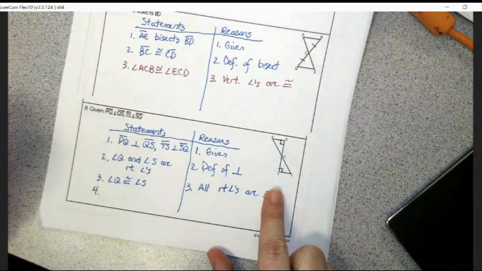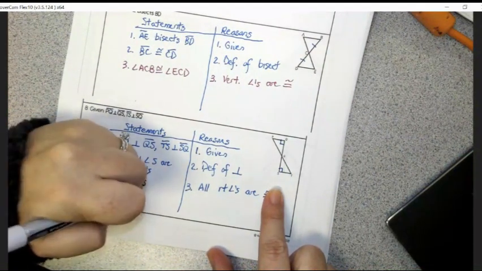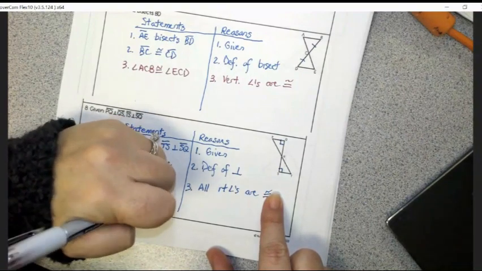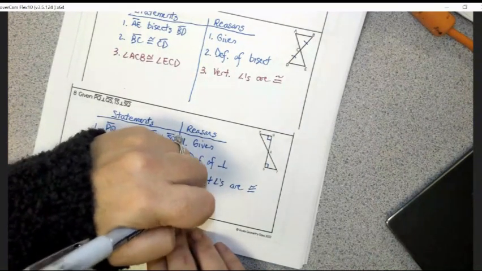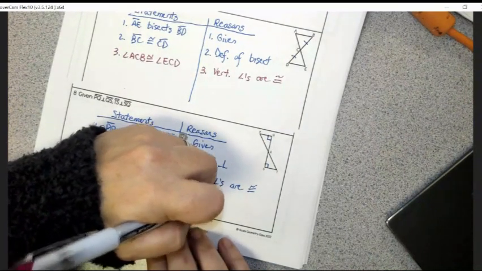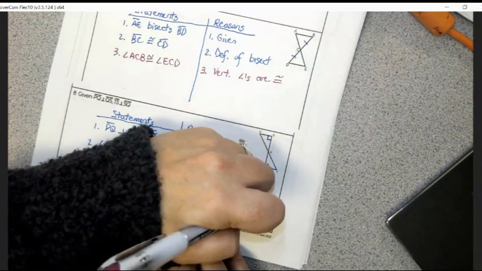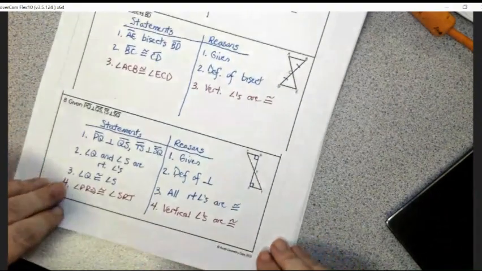Let's try angle PRQ is congruent to angle SRT. Vertical angles are congruent. Okay, let's try the next page.